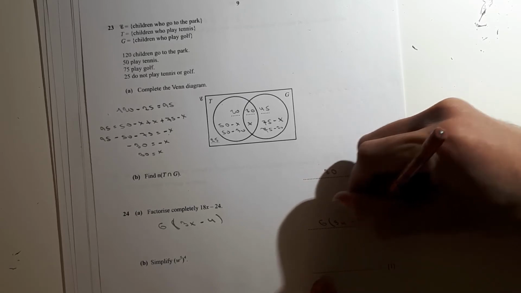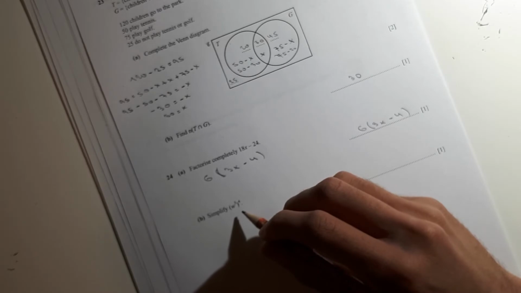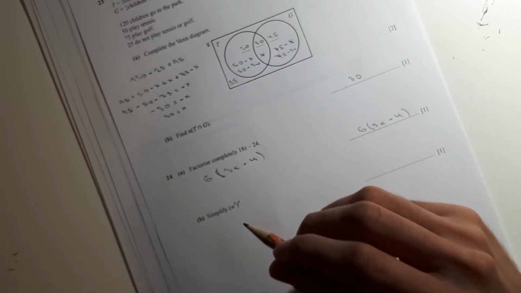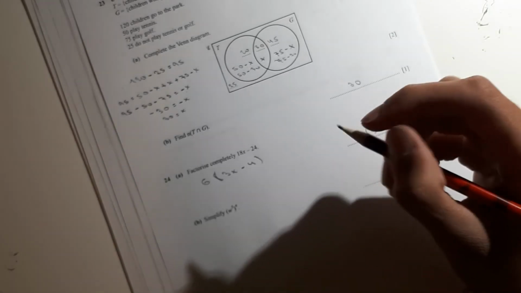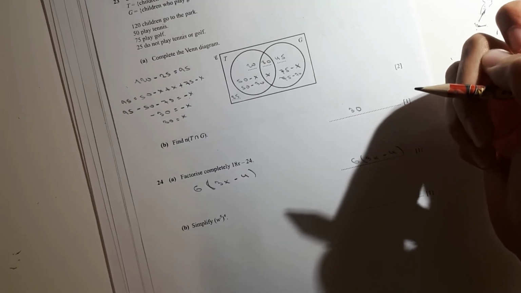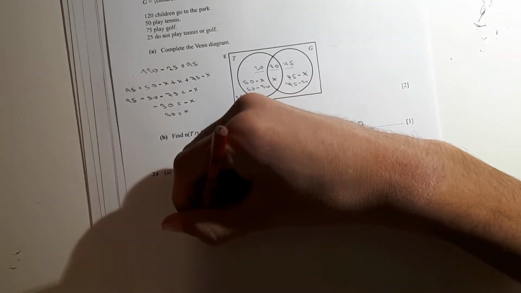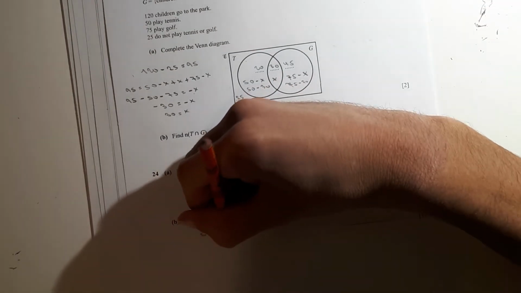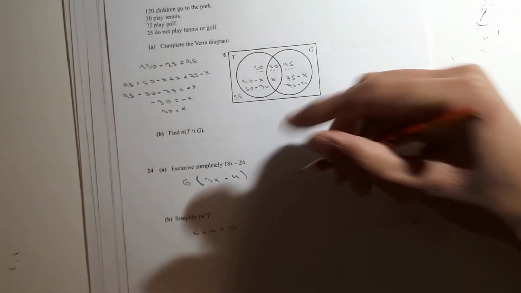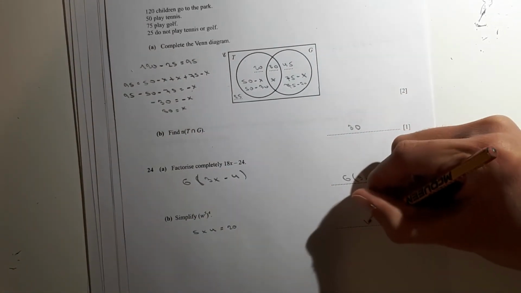Now over here it says simplify w with an exponent of 5, and outside of the brackets with an exponent of 4. So basically we have to multiply 5 by 4, it's going to give us 20. So this is equal to w with an exponent of 20.